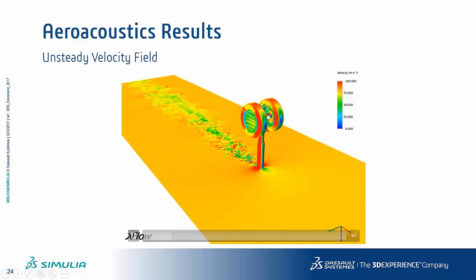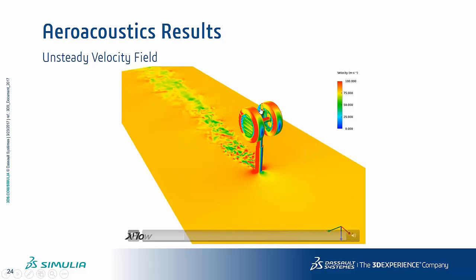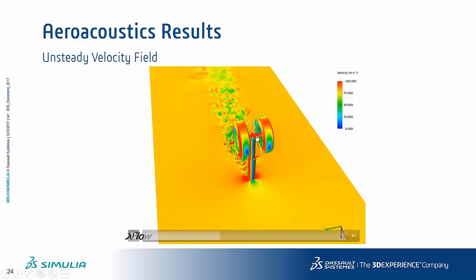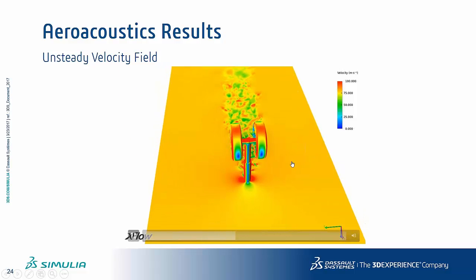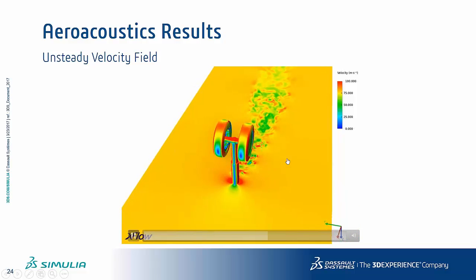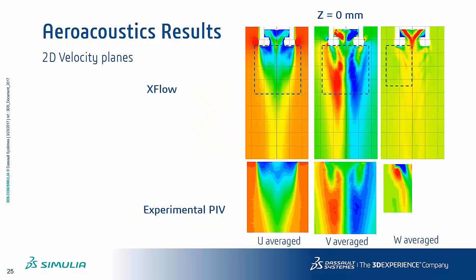These are due to the turbulence generated past the front wheel, and this turbulence will induce a lot of fluctuations and therefore a lot of noise, which is what we study in aeroacoustics. In this case we've got the comparison between XFlow and experimental PIVs.